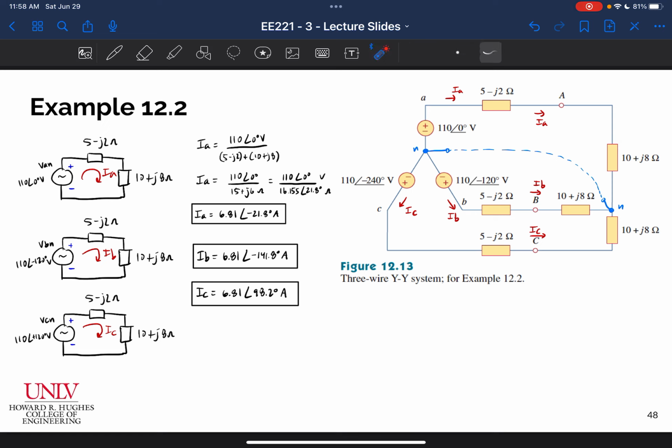What I mean by line impedance is that on a real transmission system, you might have a three-phase generator here, and then your three phases come out to some kind of tower, right?